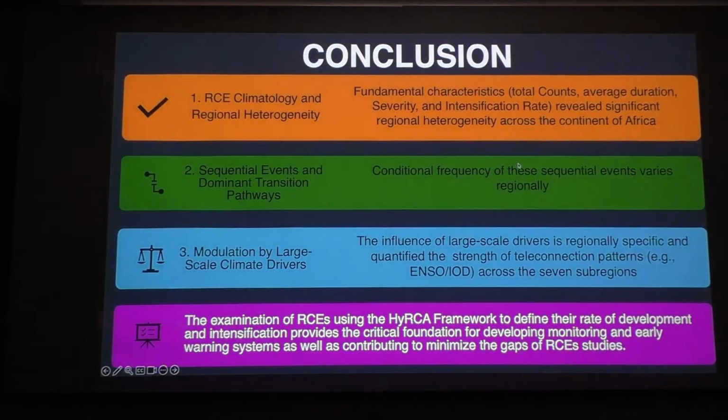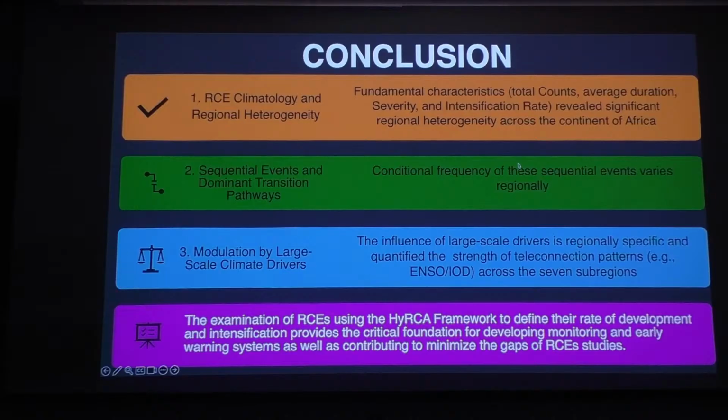Conclusion. I'll conclude that we did see variability in rapid change events across all parts of Africa. And the sequence events also vary regionally; they are not statistical. And do large scale events matter? Yes, they do matter. We have seen IOD and ENSO do matter.